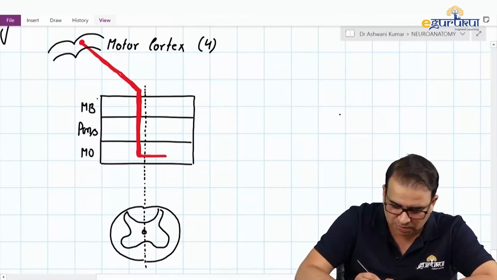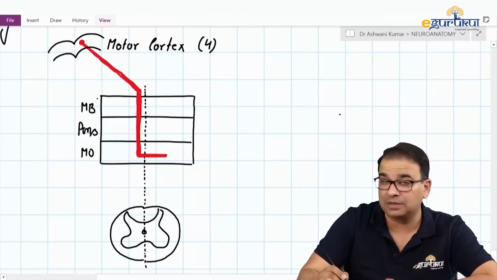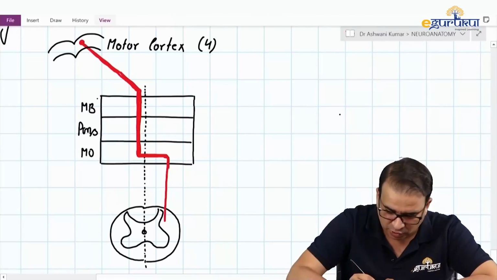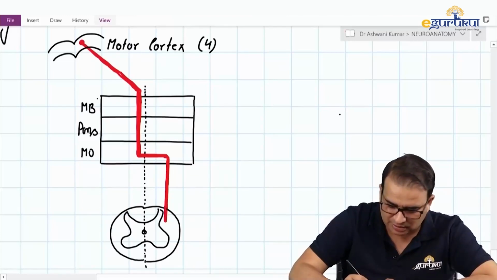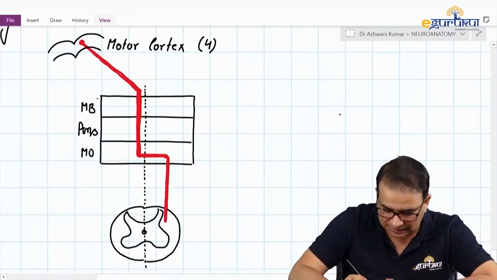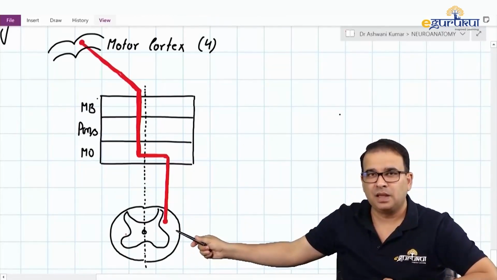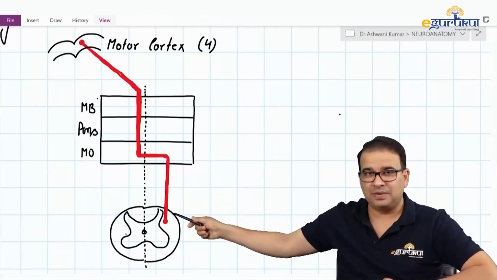A huge number will decussate, 85 to 90%, imagine. And once they decussate in the medulla oblongata, they again descend downward and reach the lateral part of the spinal cord. Look at this. Make sure you draw it on the lateral part of the spinal cord. And that's why this tract is called the lateral corticospinal tract, because ultimately it is coming to the lateral side of the spinal cord. That is 85 to 90% of the fibers.